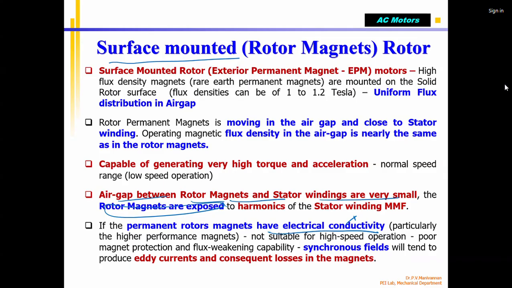Correct. So if it loses, we know that the torque produced is proportional to the rotor magnetic field and the stator magnetic field. So if the magnetic field is getting reduced, because of heat and continuous exposure, the permanent magnet will lose its magnetism, and then torque production of the motor drops.